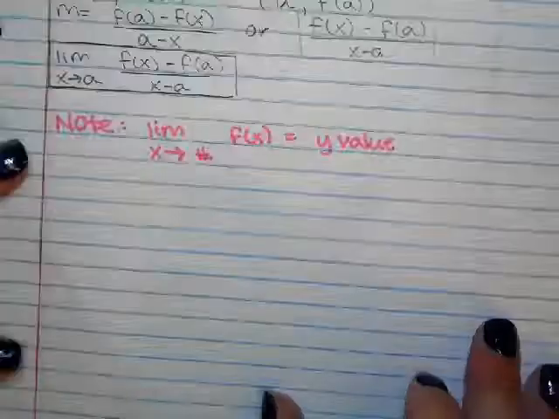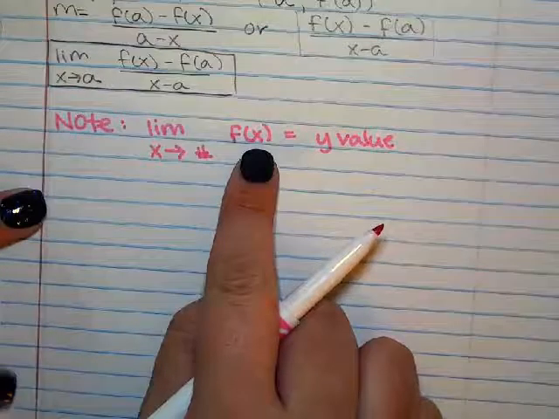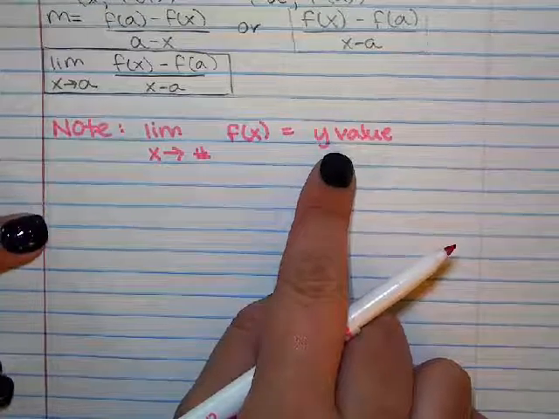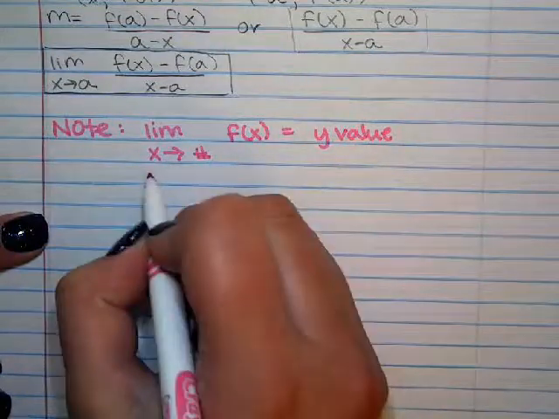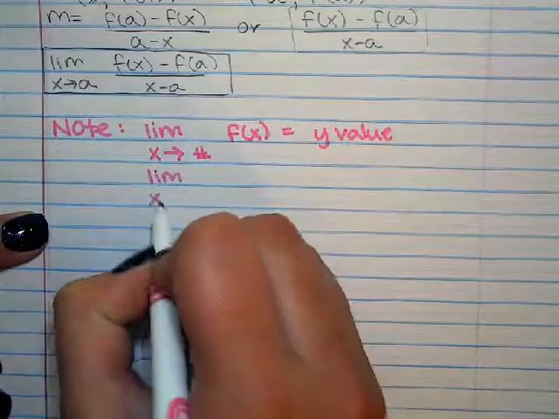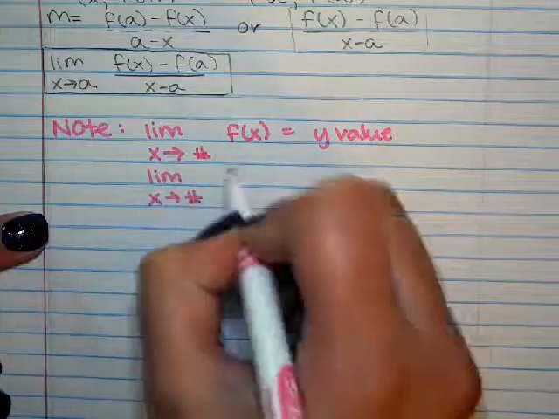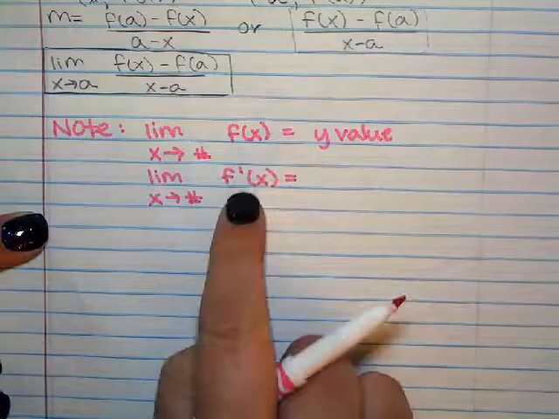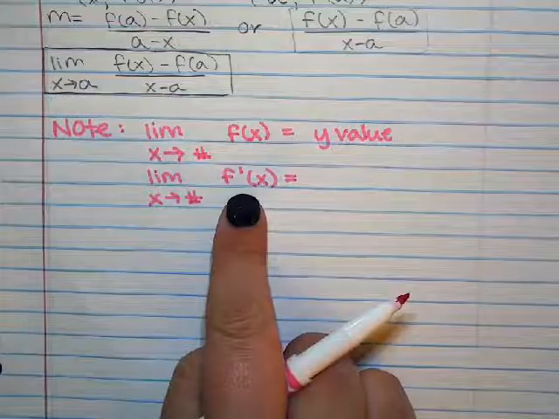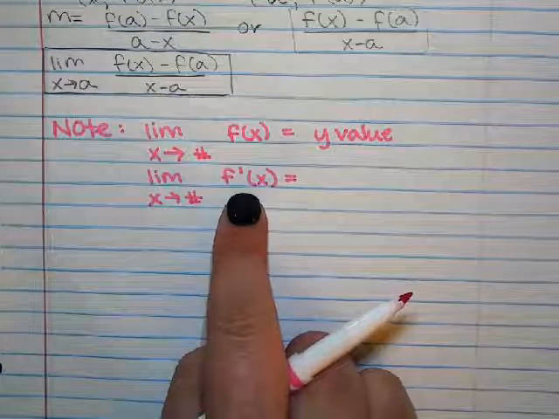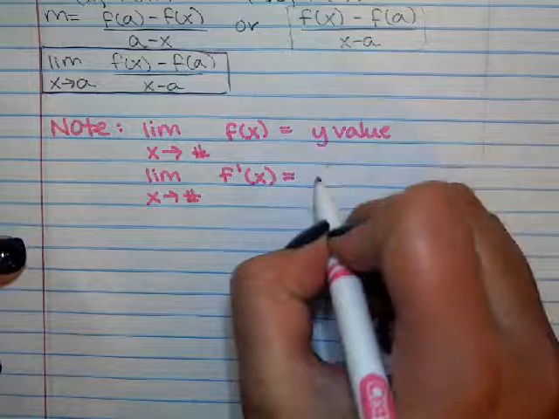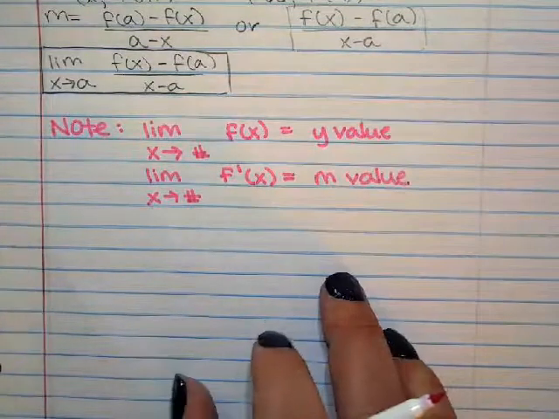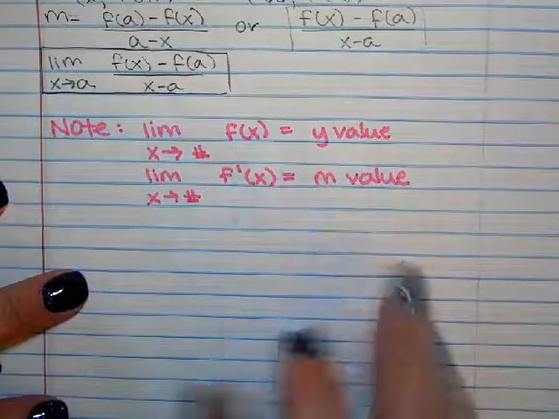The limit as x approaches a number of f prime of x, this is the derivative notation, that's shorthand for derivative notation or slope notation, equals a slope value, or just a slope. Okay? That is this unit.